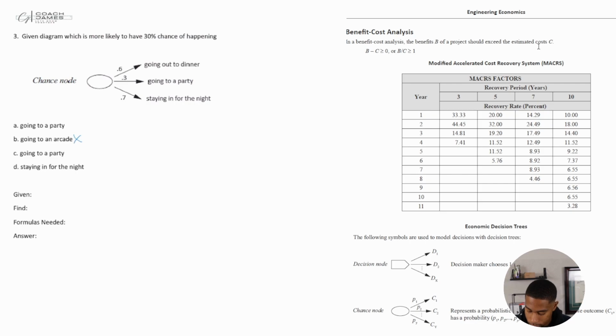All right, so let's look at this. What information are we given? Given a chance node, we're also given the options, and I'm seeing some percents or decimals.